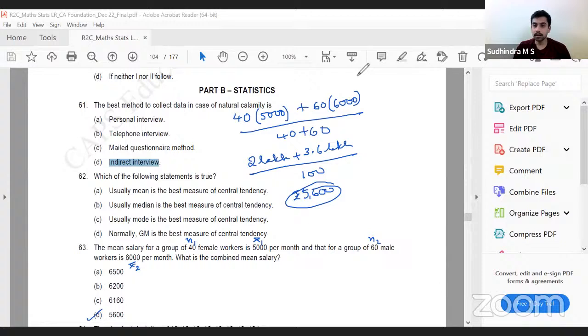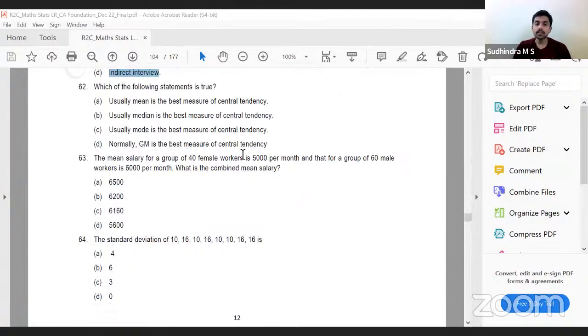Yes. Next one. Standard deviation of 10, 16, 10, 16, 10, 10, 16, 16. Three, sir.